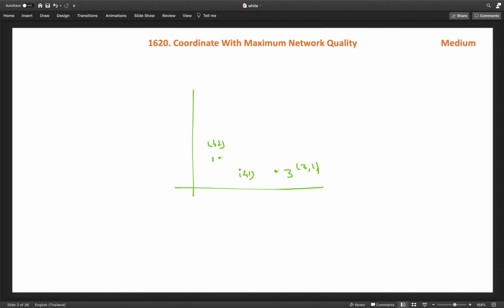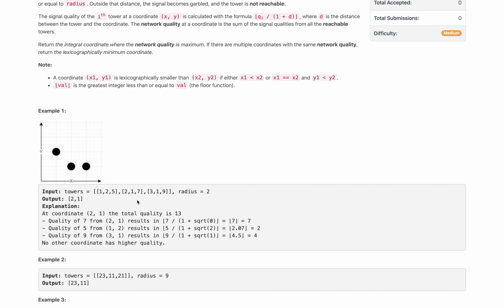So now let's get the total quality at this coordinate. The quality at this coordinate comes from this coordinate, this will be 1 plus 1 square root. From itself the distance is 0, so this will be q of i, which is given as 5.